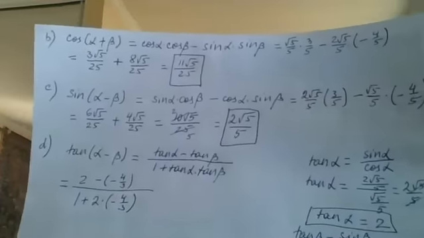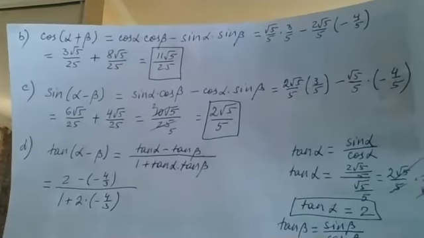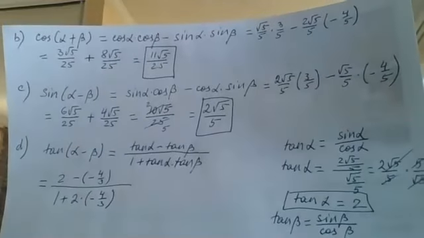This is what you are getting. And let's simplify that using simple arithmetic. On the top it will be 2 plus 4/3. On the bottom, it will be 1 plus 2 times negative, so minus 8/3.